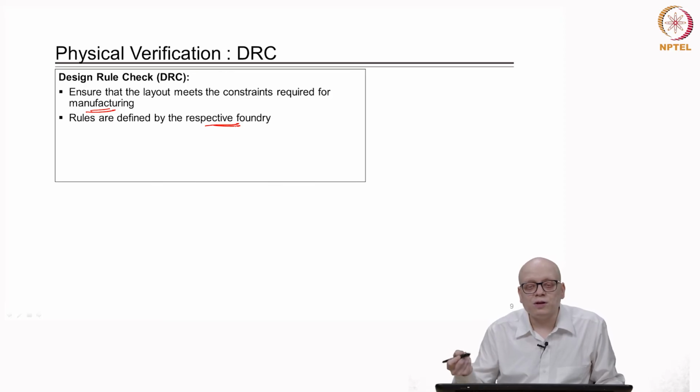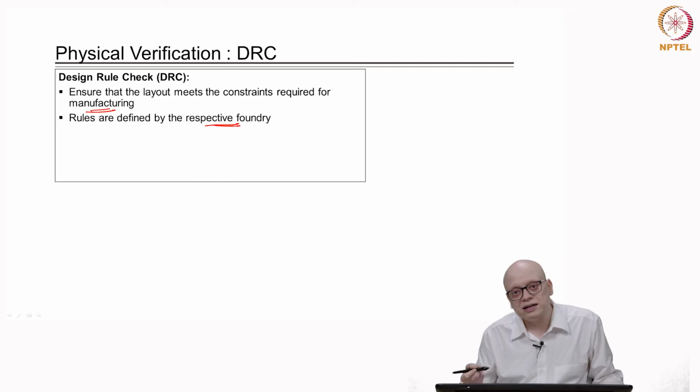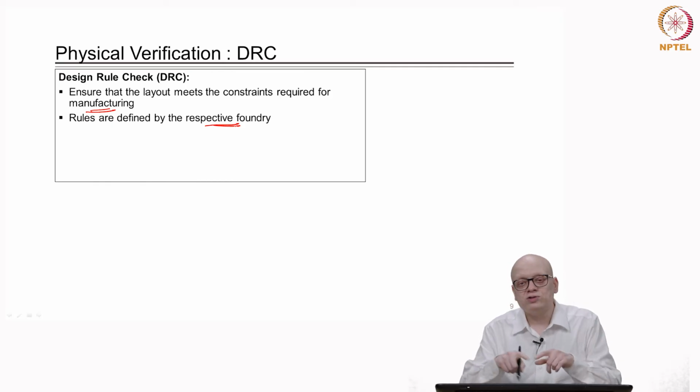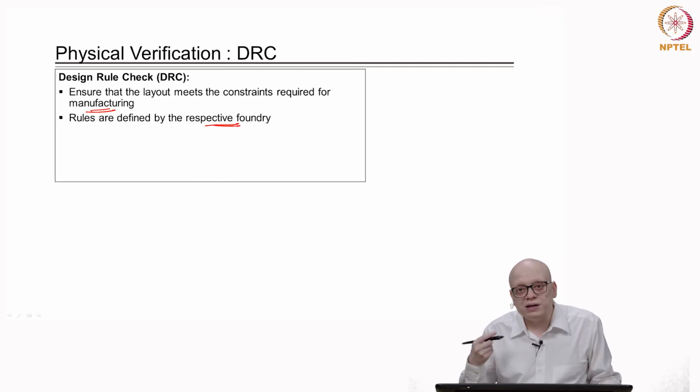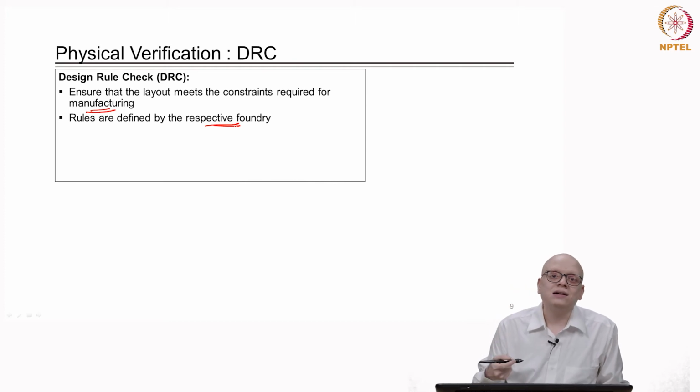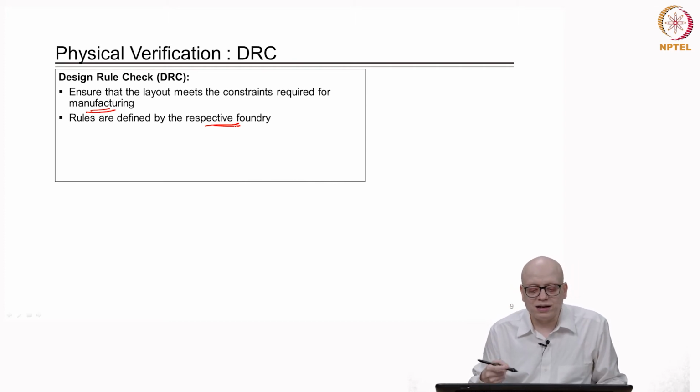It will come from the foundry that has given us the libraries and PDKs for 14 nanometer, based on which we have designed. So, the PDK will also contain the design rules that need to be checked.